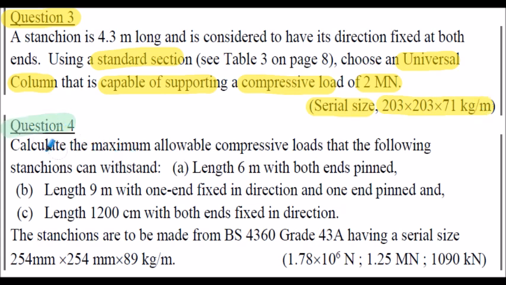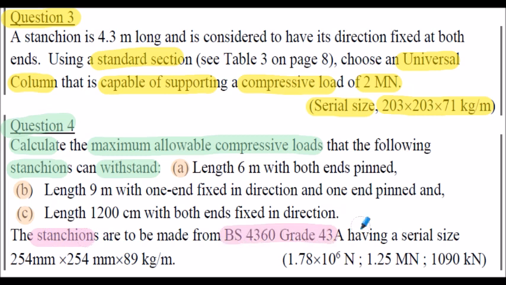We've got to calculate the maximum allowable compressive loads that the following stanchions can withstand. We're given 3 different parameters here to consider, A, B, C. Notice that the stanchions are to be made from grade 43A steel that we've been referring to in this presentation, and we're also given a specific serial size to use. The answers for parts A, B and C are shown in the bracket here.